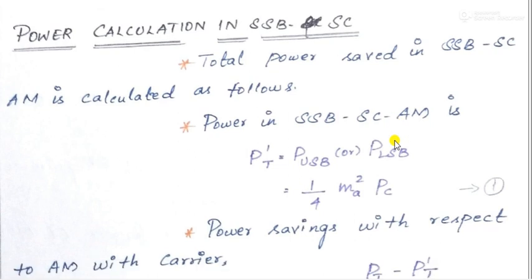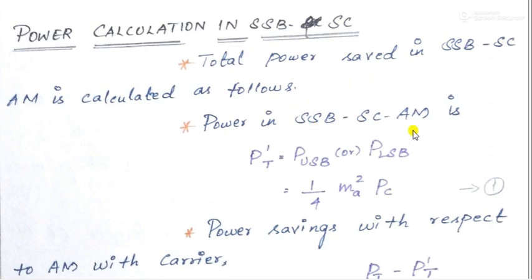Power calculation in SSBSC. The total power saved in SSBSC AM is calculated as follows. If we suppress one sideband, how much power is saved for this transmission technique?